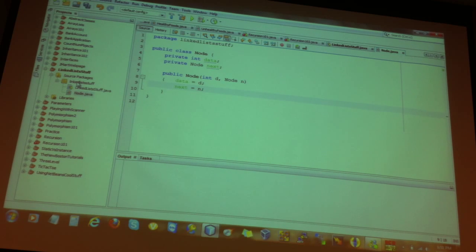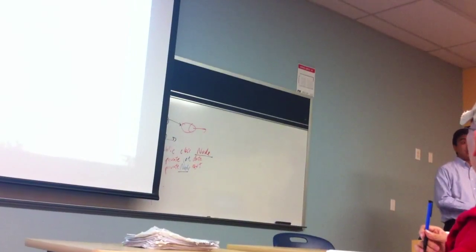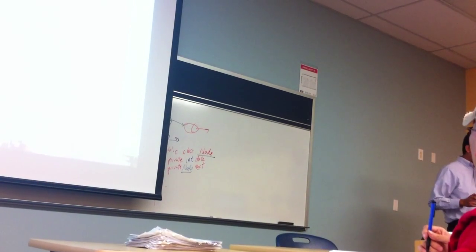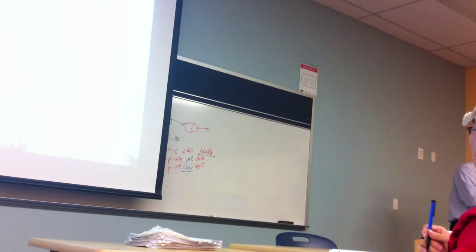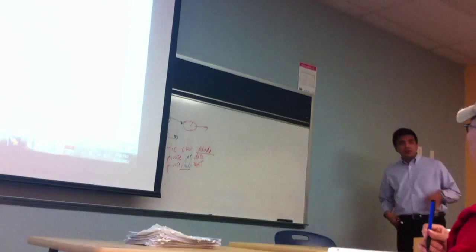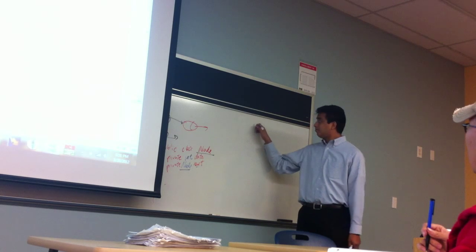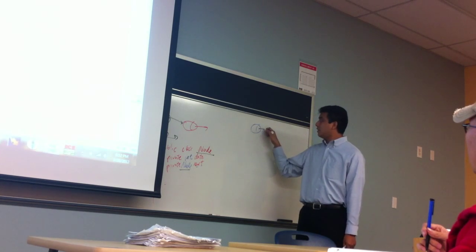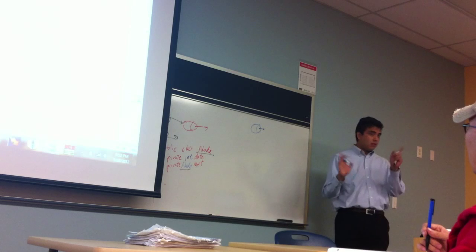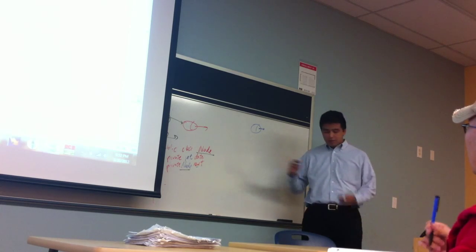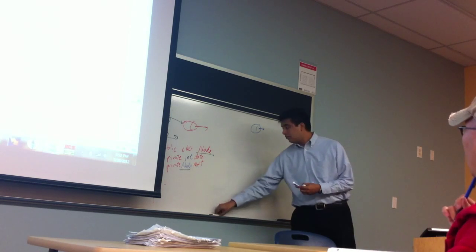That constructor tells me that the first time, in the beginning of times, do we have any node? There is no node. No node exists. Correct? Now, let's assume for a second that some node exists, and I want to create this new node, this red node.